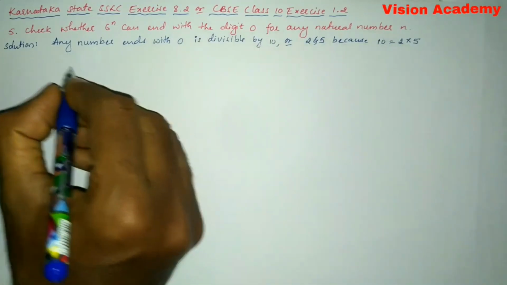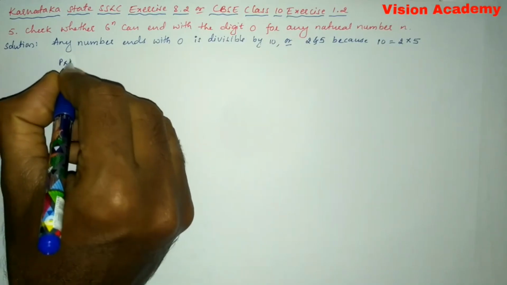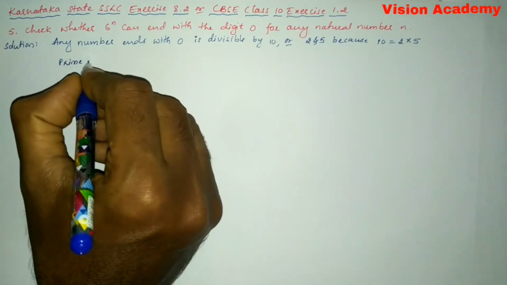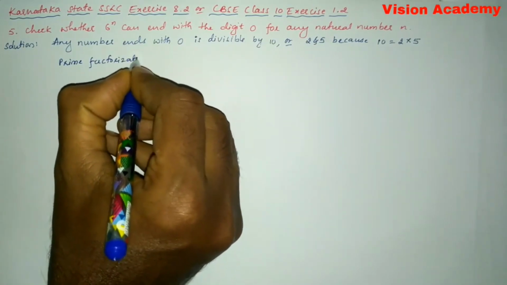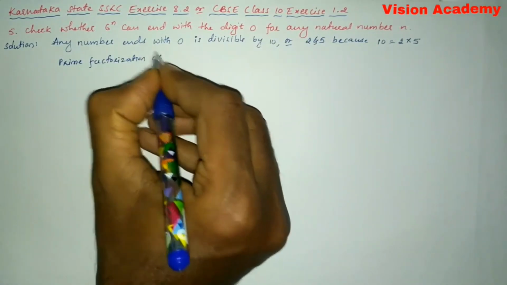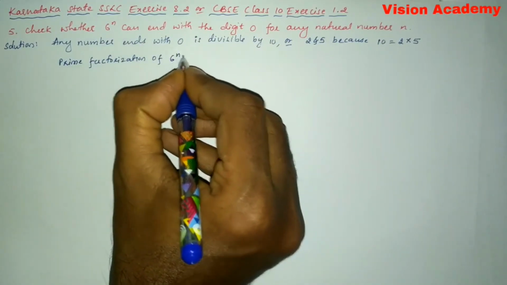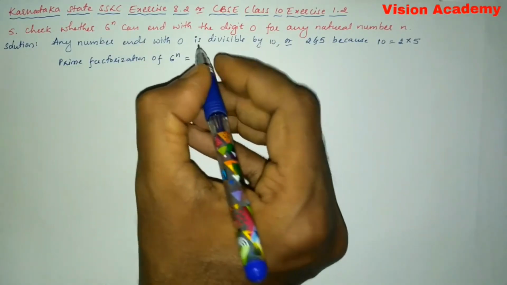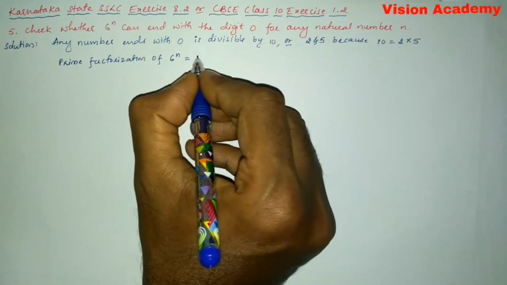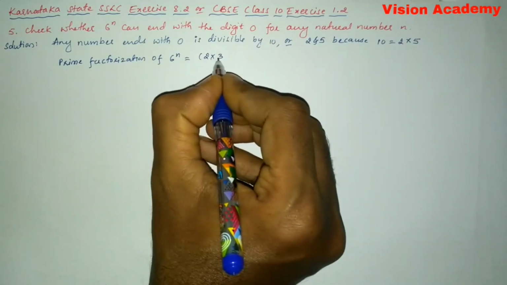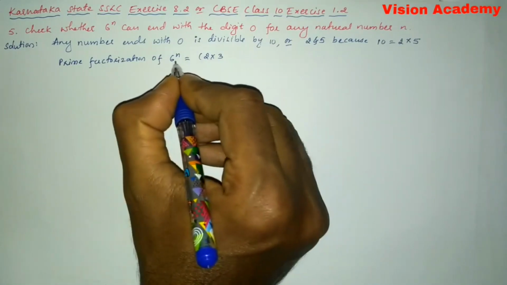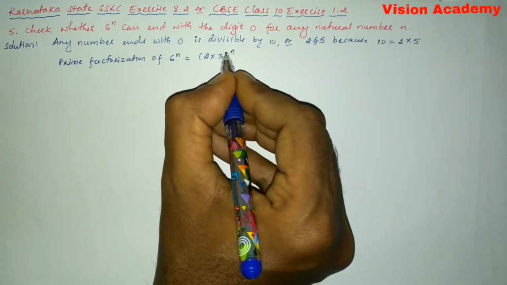Okay, let us write the prime factorization of the given number. The prime factorization of the given number 6 to the power n is written as 2 into 3. The product of the first two prime factors, 2 into 3, is 6 to the power n.